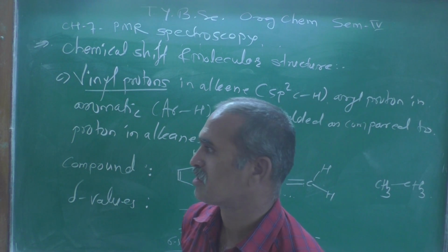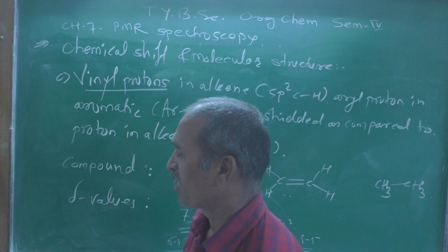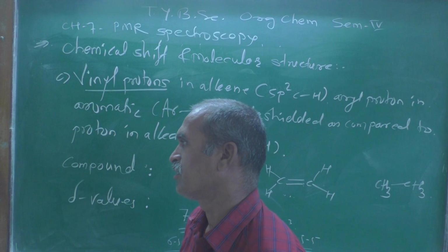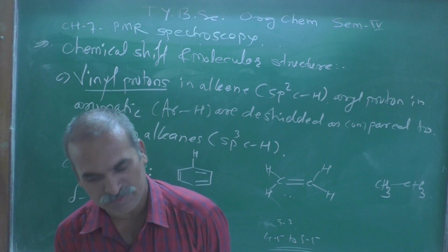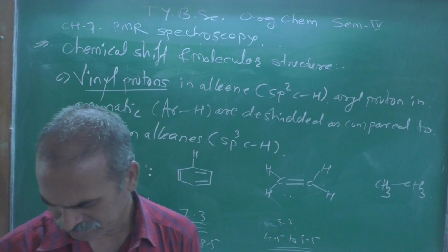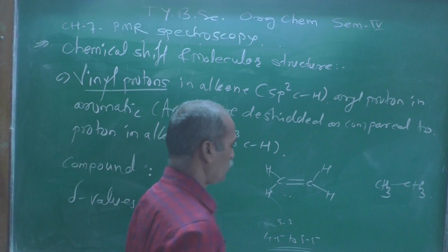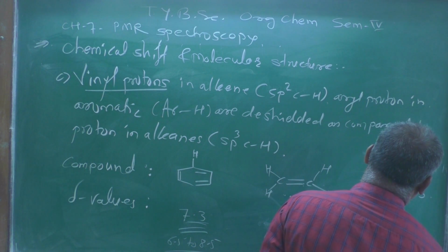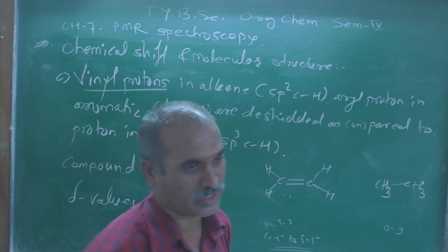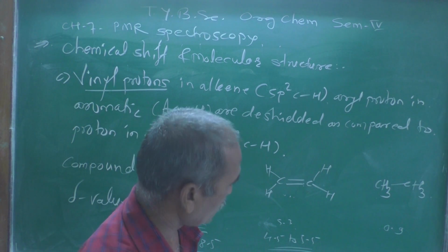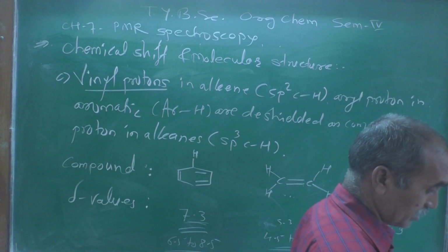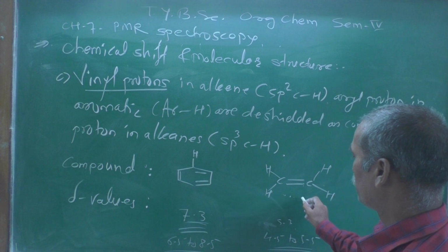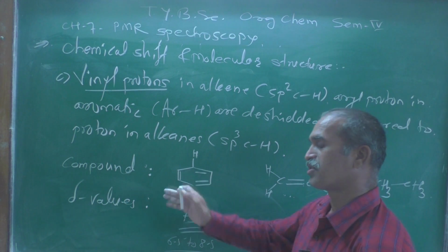There is a carbon-carbon single bond, and organic compounds containing single bonds generally show sp3 hybridization, and the delta value, the chemical shift value, is found to be very shielded, that is 0.9 delta. See the variation in the chemical shift values. These are the shielded protons, this is a deshielded proton, this is a more deshielded proton.